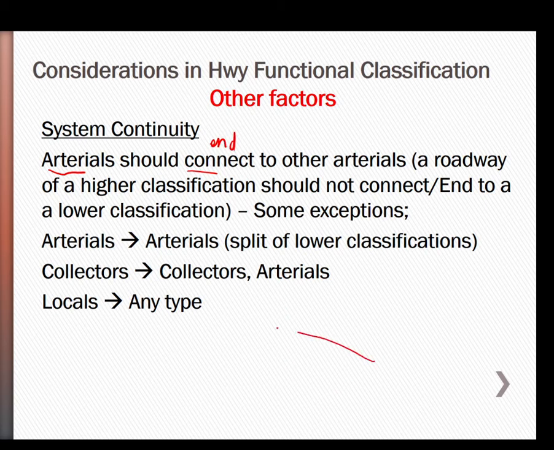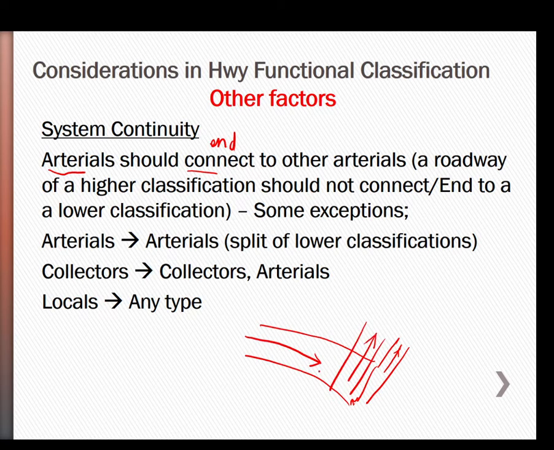You rarely find a big freeway ending at a stop sign, becoming a smaller road. It happens, we have exceptions, of course, but this is not the best design. A freeway loves to finish at a freeway. So when I say connect, arterials have to throw their traffic to another arterial.